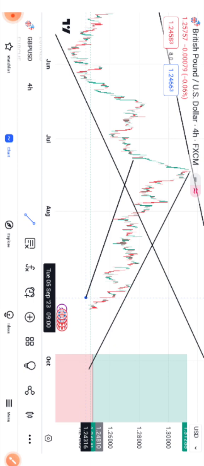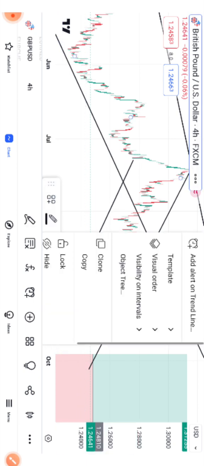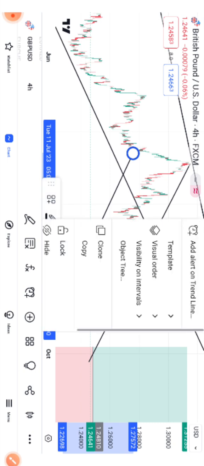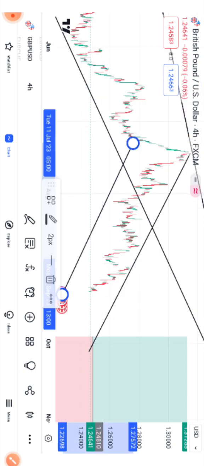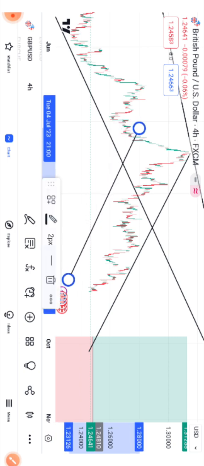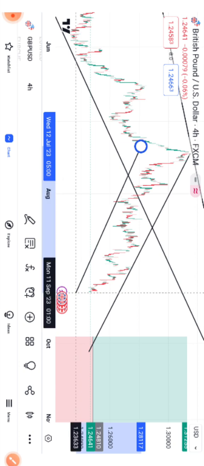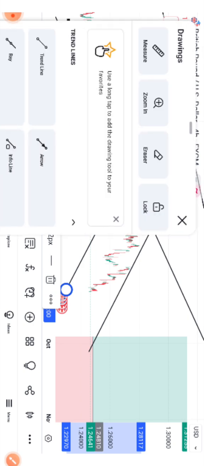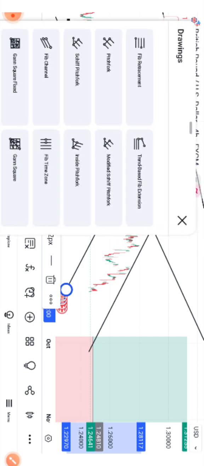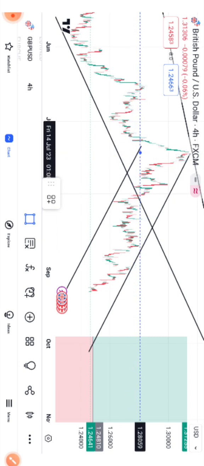So as we do that, we don't want to perfect anything, right? We can clearly see that we have a perfect market right here, or some kind of continuation pattern.